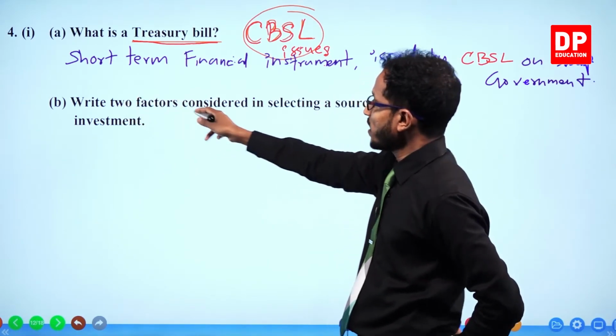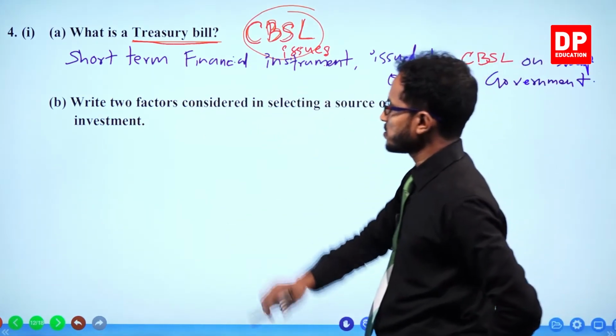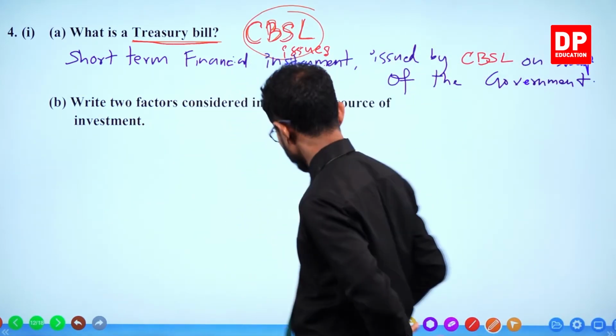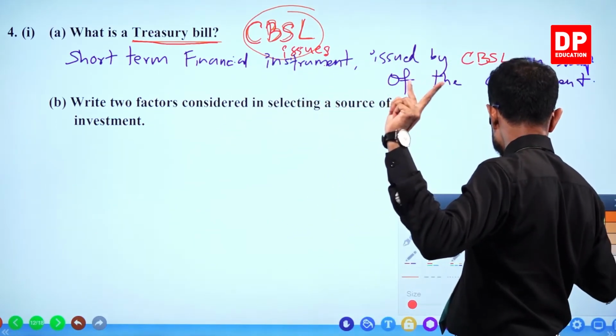Second part, write 2 factors considered in selecting a source of investment. The 2 main factors.